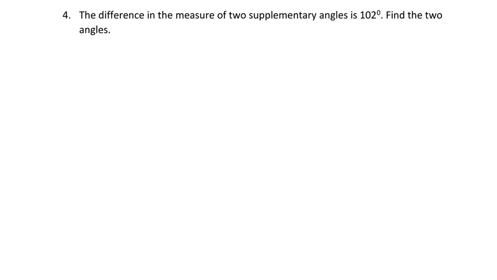Question number 4. The difference in the measure of two supplementary angles is 102 degrees. Find the two angles. Okay, so for this one, we know that supplementary angles are two angles forming 180 degrees. Okay, so let us assume y to be the first angle.